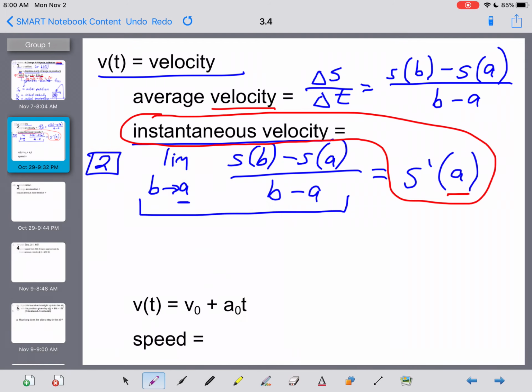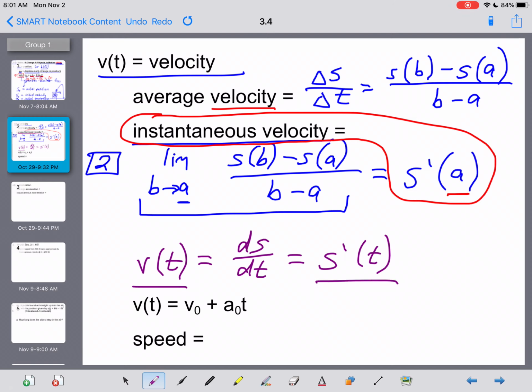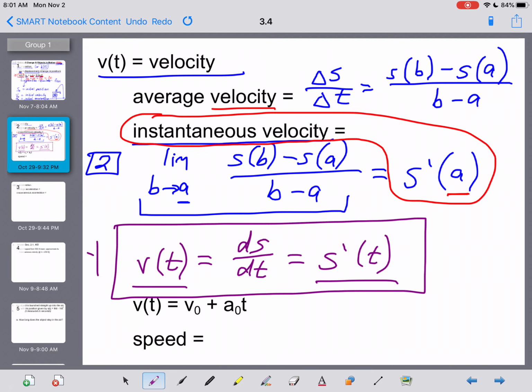So this is probably the single most important thing to write down today: your velocity function, v of t, is simply defined as the derivative of your position function taken with respect to time. Or if you prefer Newton's notation, s prime of t. That you can find an instantaneous velocity by taking the derivative of your position function.